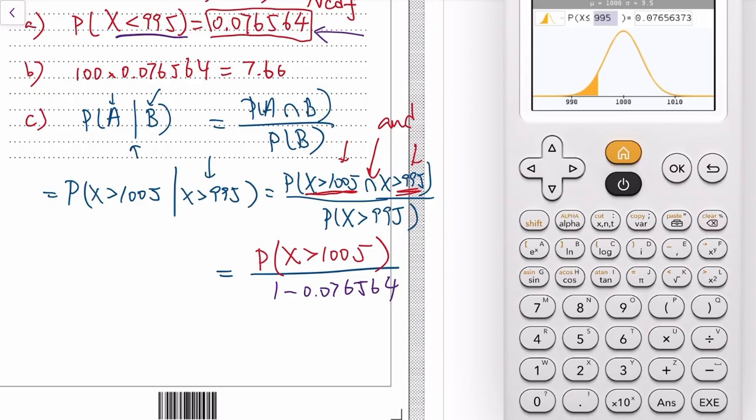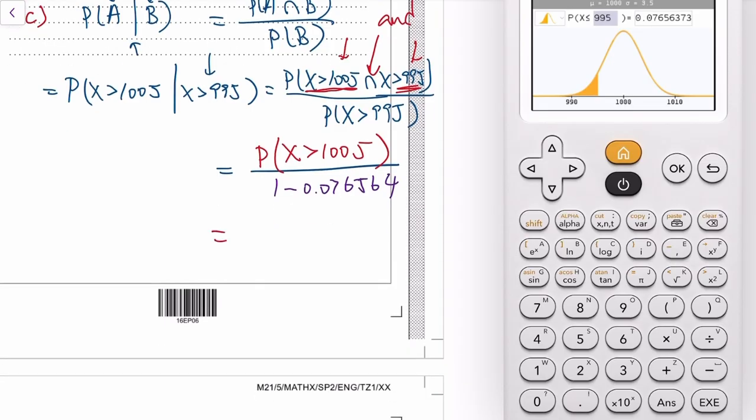So you just need x bigger than 1005, where that probability is found with a GDC. Usually you would do normal CDF, and for the lower bound you put 1005, and the upper bound a huge number like 99999 or 9 times 10 to the power of 99. For my calculator, I cannot choose that, so I will put 1005 and then 1 minus that instead.